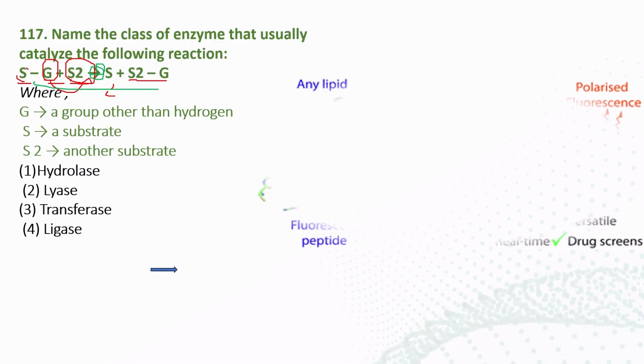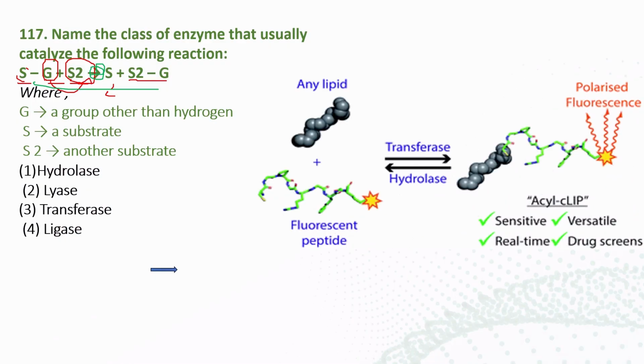If you see here, normally in the picture, simply I am saying it. This is substrate 1, S1, and this peptide is, sorry, this one is F1.